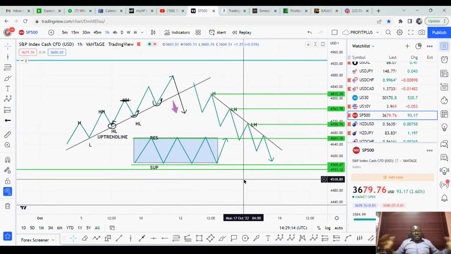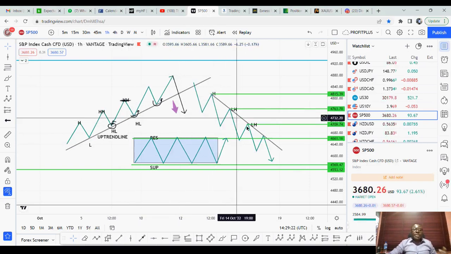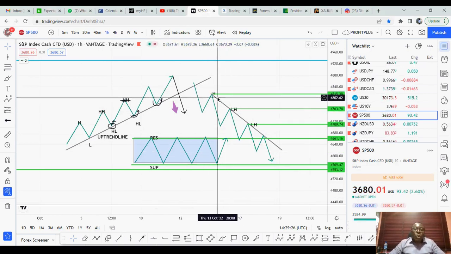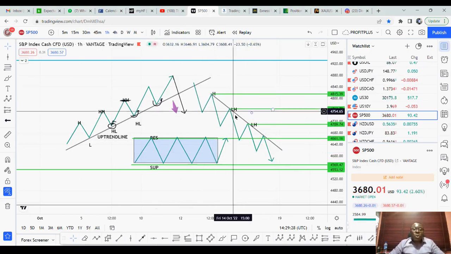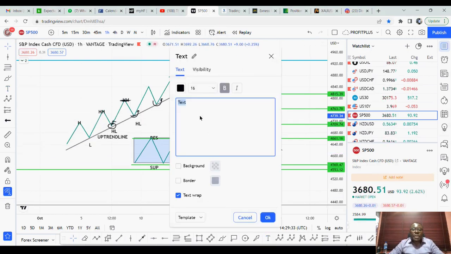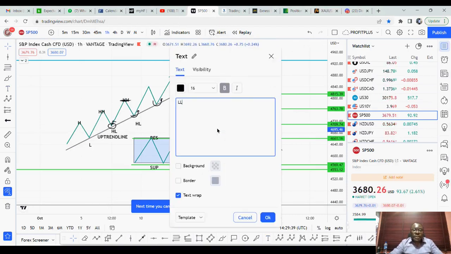So now there are three market environments established. The uptrending market: the market is making higher highs and higher lows, as in here. You are ascending the staircase. The downtrending market: when the market is making lower lows and lower highs. So I didn't put this one here. This should be the low, and then this is the lower low.